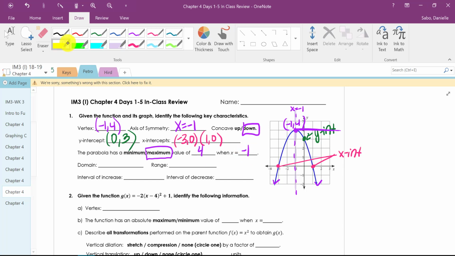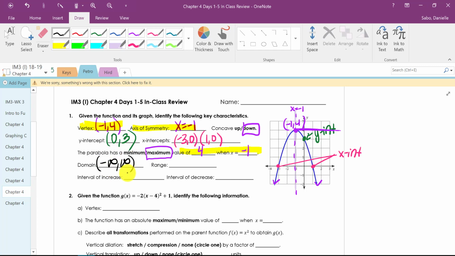So you can see that the vertex has already helped us out with the axis of symmetry and has helped us out right here for the max or min. So knowing what your vertex is one of the biggest points of parabolas, and making sure that you understand where that's at. Your domain for all parabolas is all real numbers, which is -infinity to +infinity.